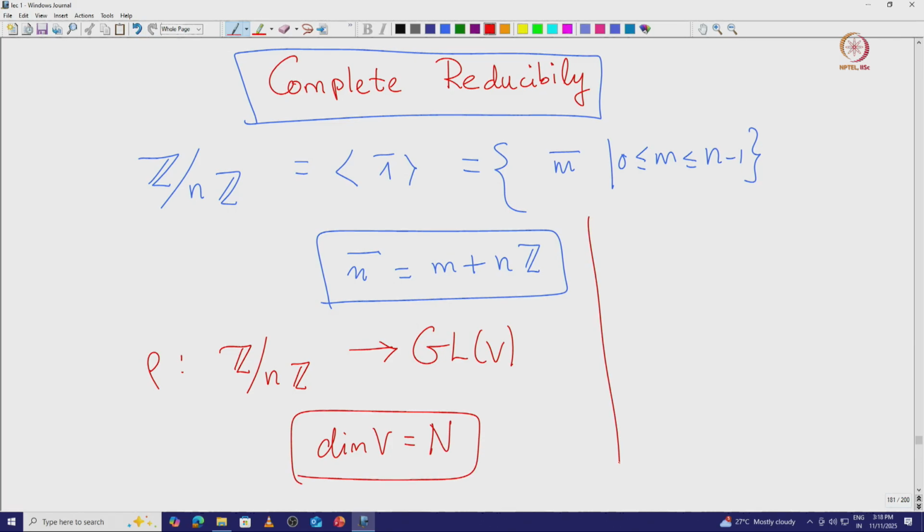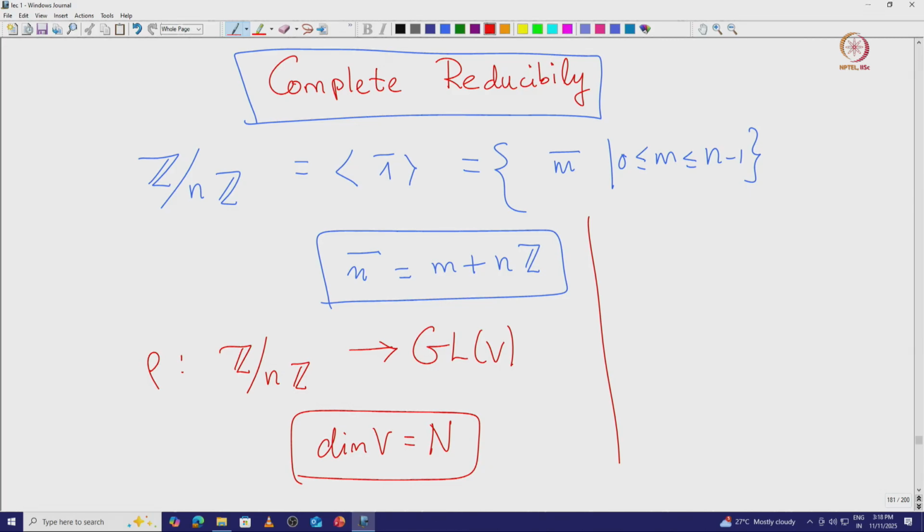Actually it is immediate that even if we work with general finite groups, any element of that finite group, when it acts on a finite dimensional vector space, must act diagonalizably.